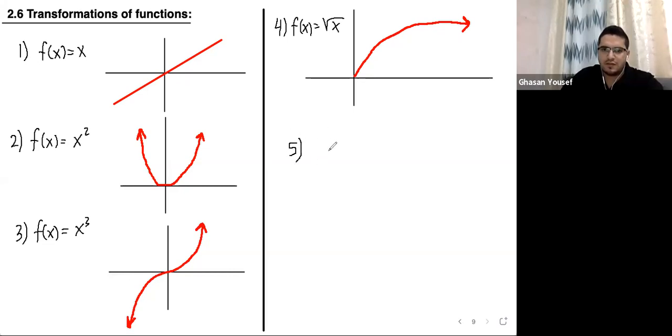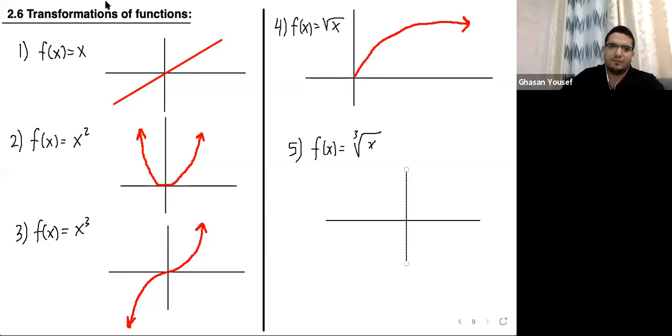Also, we should know how to graph the function f of x equals the third root of x. For the third root of x, I can plug negative and positive numbers inside the function. So the function should be something like this.